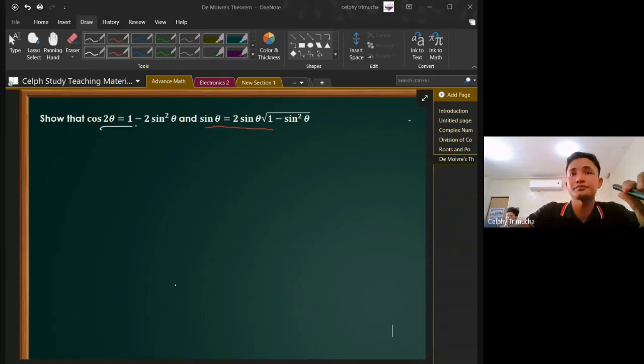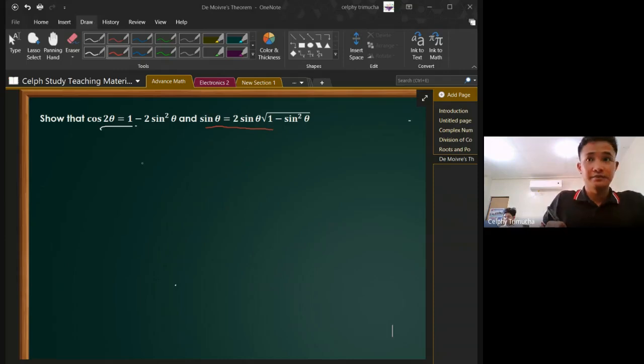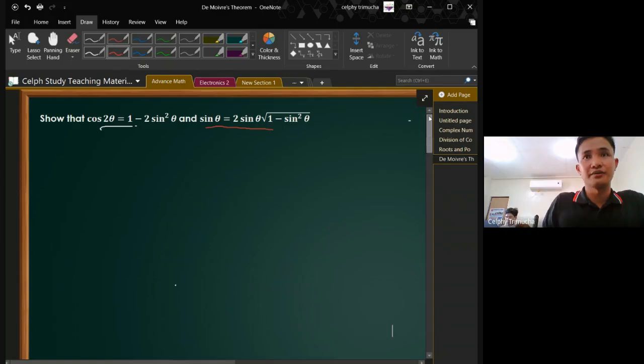Okay, so let's start sang calculation naton. Okay, so we have cosine 2 theta. So kinahanglan naton mag-express ng isa ka equation nga based sa aton nga De Moivre's theorem kagina.